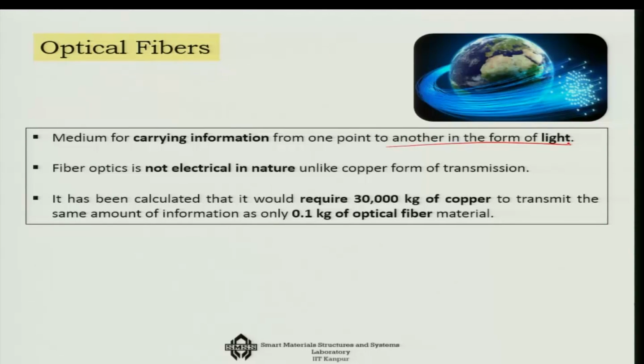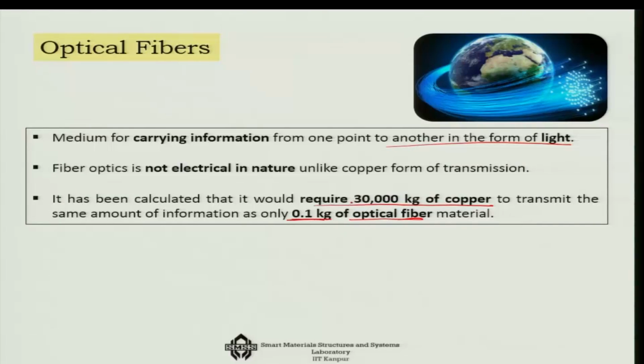It has been calculated that it would require about 30,000 kg of copper to send the same amount of information that can be sent through optical fiber with only 0.1 kg. Imagine that 0.1 kg of optical fiber is equivalent to 30,000 kg of copper, and I told you earlier also that in terms of availability of resources, copper is very limited.